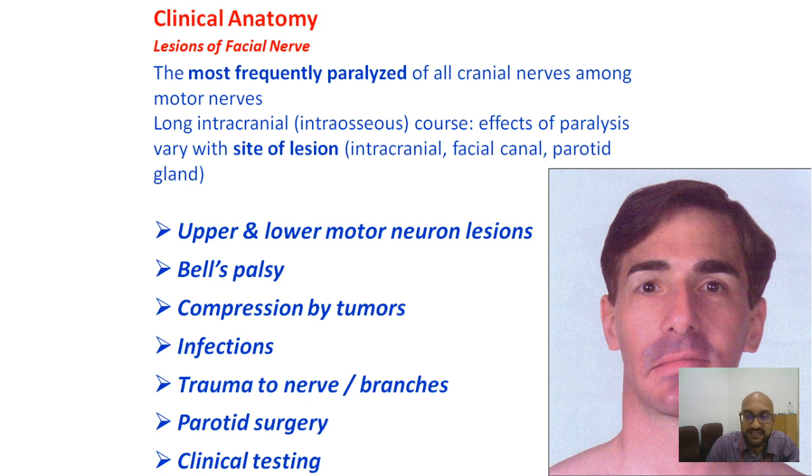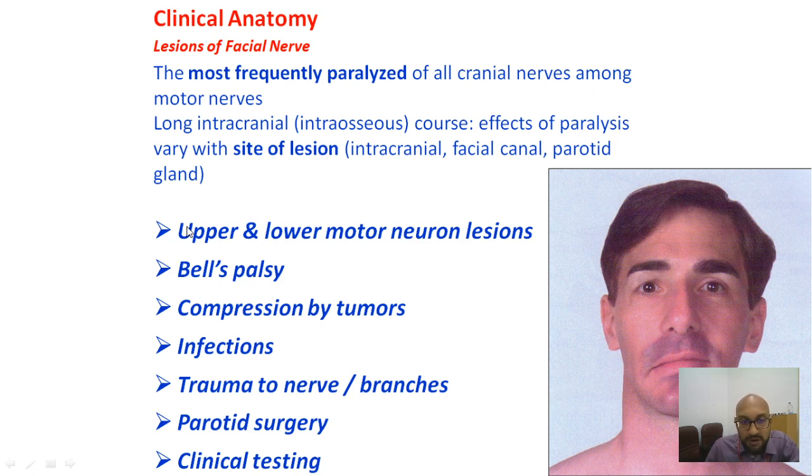Why? Because the buccinator, which helps in sealing the mouth closed like that, is not able to produce a good sealing, and therefore from the side of the paralysis there is going to be leakage of air. So that is the typical lower motor neuron palsy.